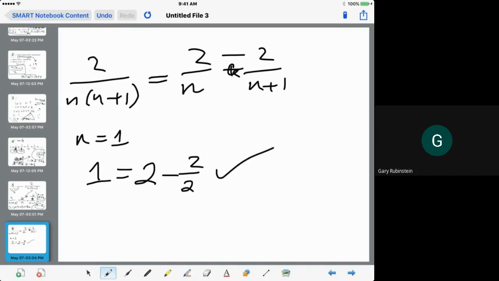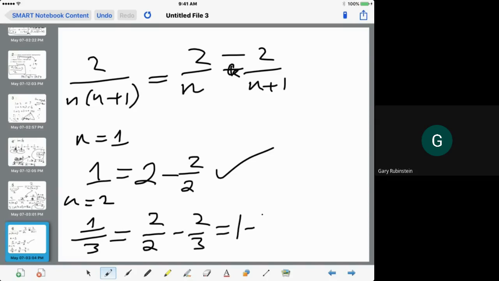which is true. But if I plug n equals 2 into this, I will get 1/3 is the same thing as 2 over 2 minus 2 over 3, which is 1 minus 2/3, which is true. I'm going to write this as 1 minus 1.